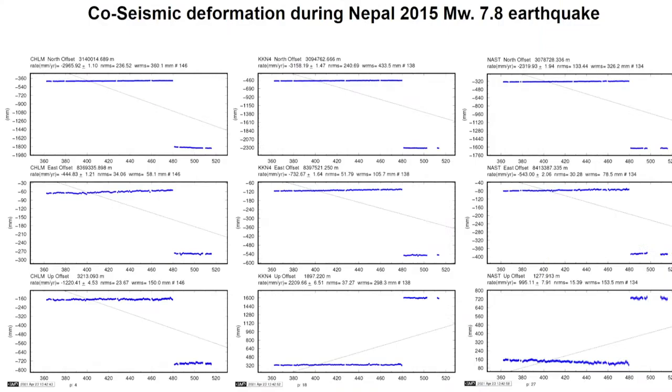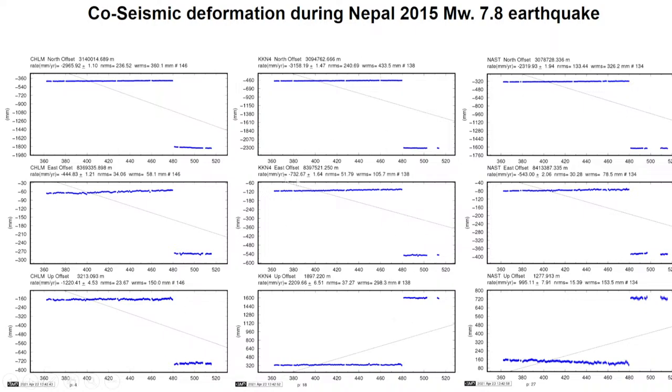This is the co-seismic activity during the Nepal earthquake. It gives very crucial information on how GPS displacement behaves when there is co-seismic activity. You can see the offset in the north component, east component, and vertical component.